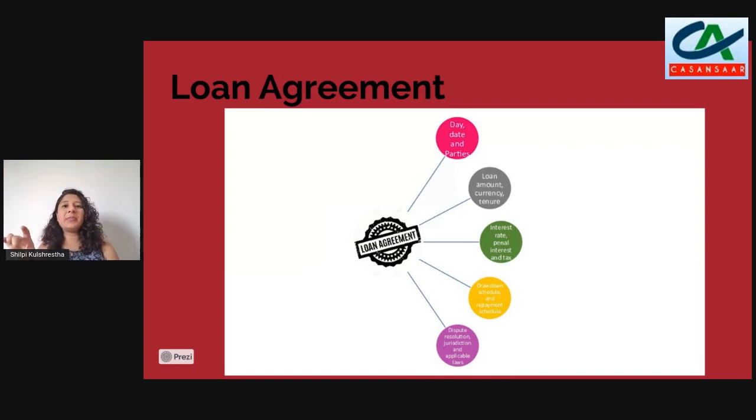So this is your repayment schedule. Repayment schedule means when I'm going to remit the principal amount back, and when I'm going to receive the amount in my account is the drawdown schedule.